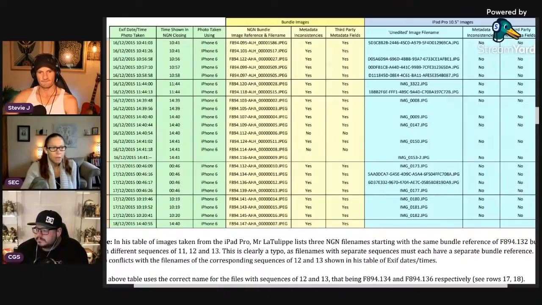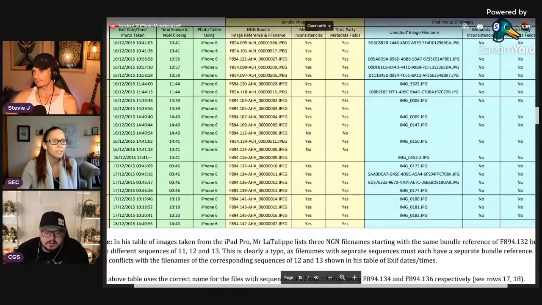Where it says iPad, and it says unedited. What are those long numbers compared to the IMG 008 JPEG? That's a good question. I don't know the difference between those two. I don't know the longer ones, no.